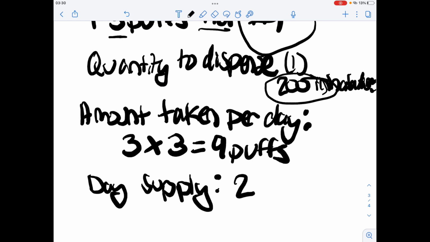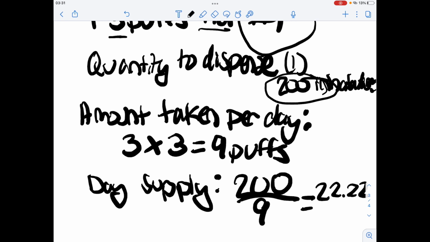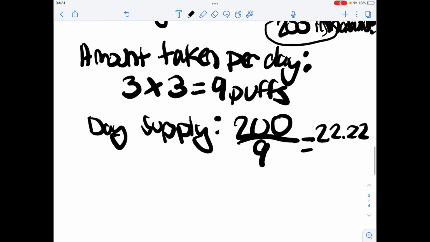So 200 inhalations or puffs divided by 9 equals 22.22. Remember, for day supply, we always round down. So that would be 22 days.